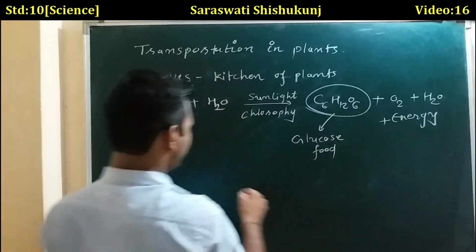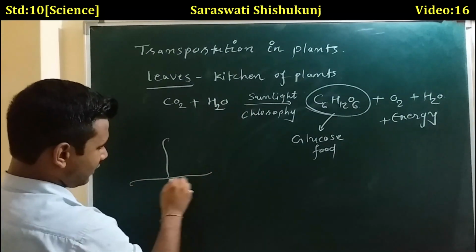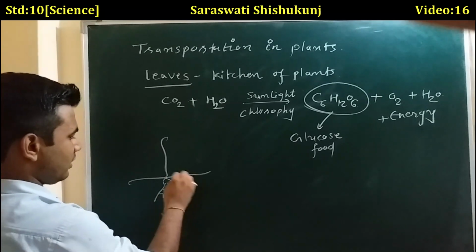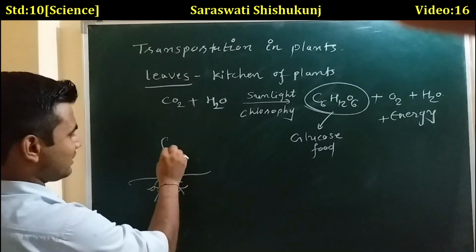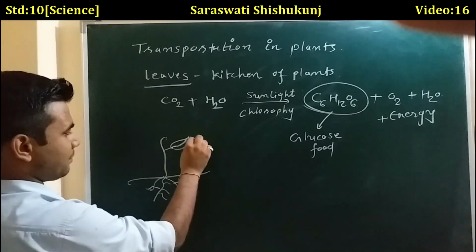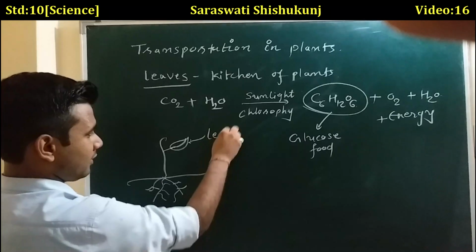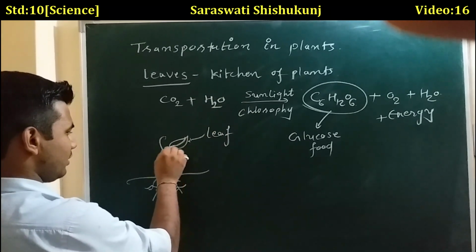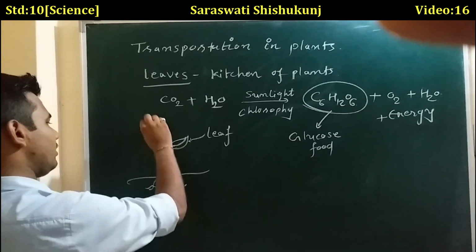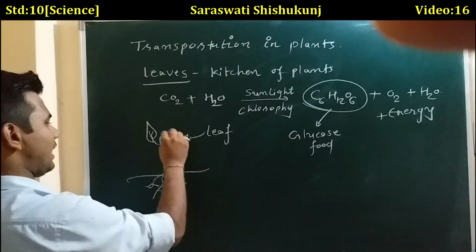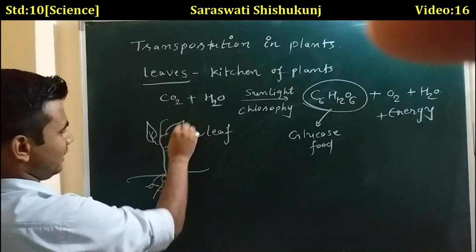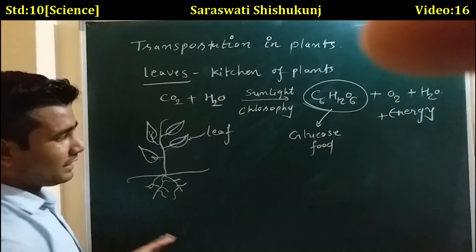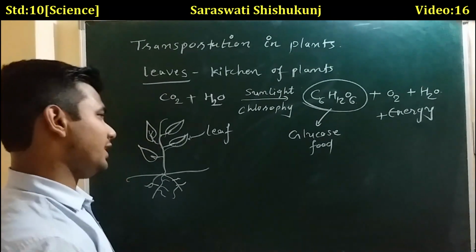The food in plants is prepared in the leaf, but it is necessary to supply that food to different parts of plants. So how is it done? For that there will be a transportation system in plants.